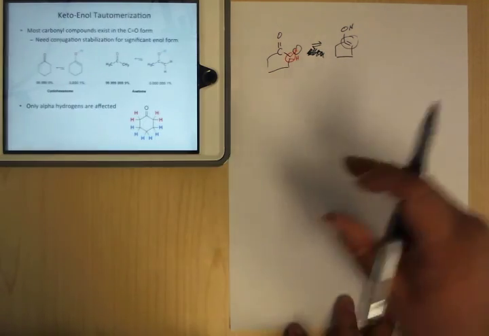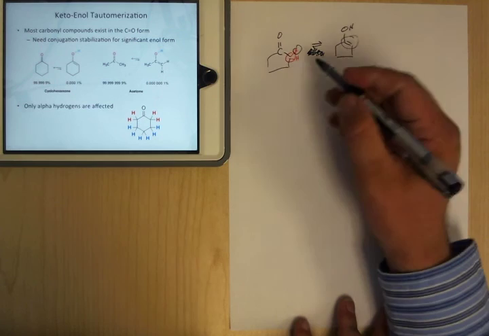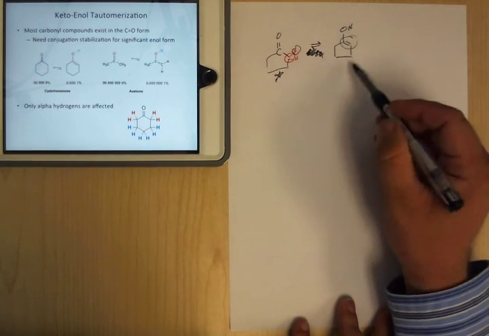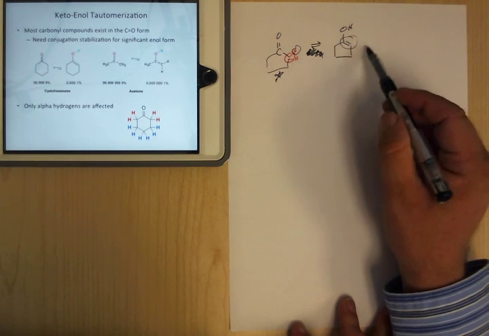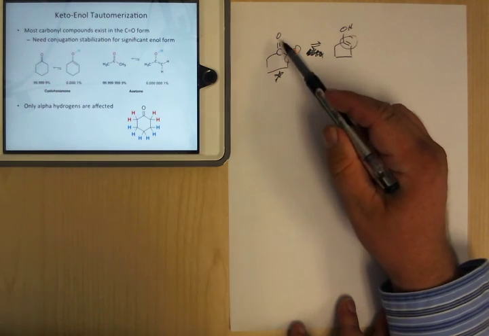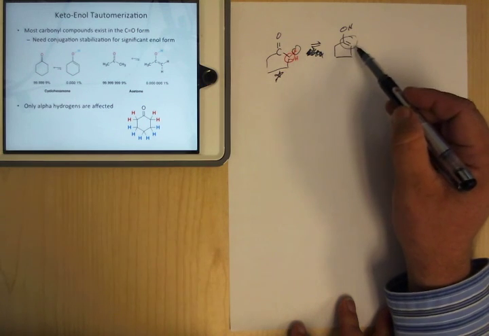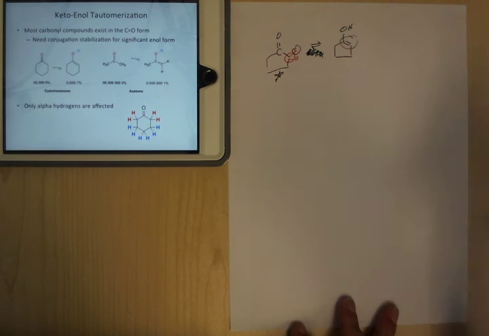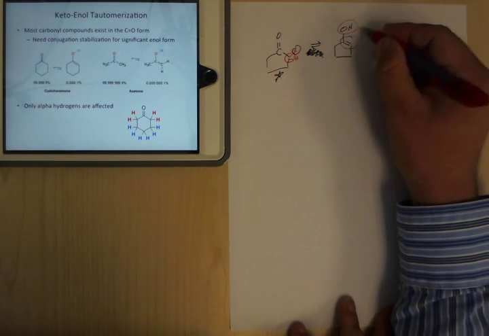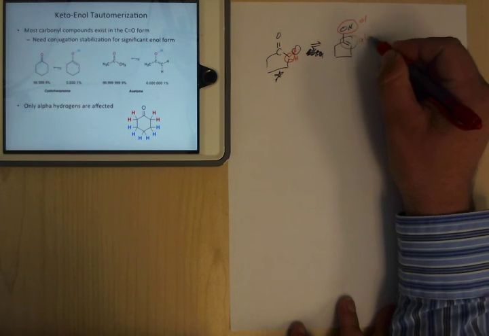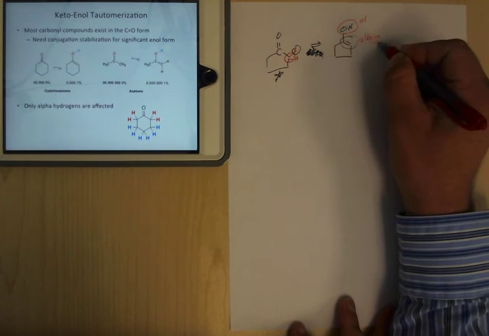Most of the time, it's going to want to be in this form, but a very, very small percentage of the time, when you have some sort of carbonyl, it's going to be spent in the enol form. The reason it's called enol is that the ending for an alcohol is ol, and a double bond is alkene, so it's enol.